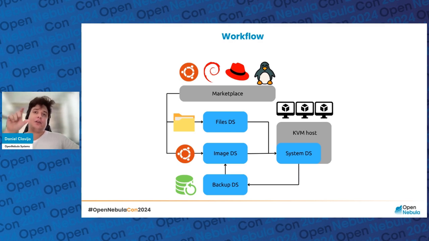Then a transfer process will begin from the image and file datastore to the system datastore. Once this transfer process is done, the KVM host will then run the virtual machine. Then you can back up these virtual machines, and a backup process will be started.